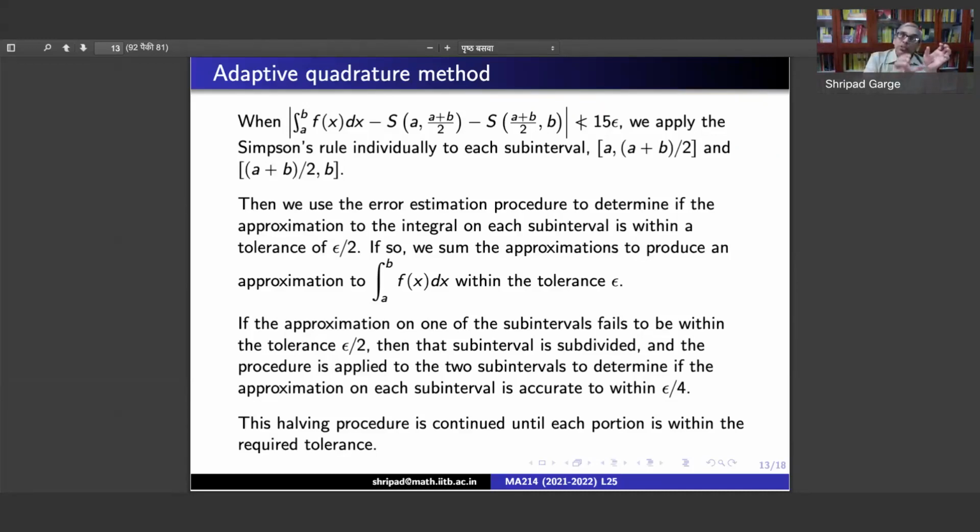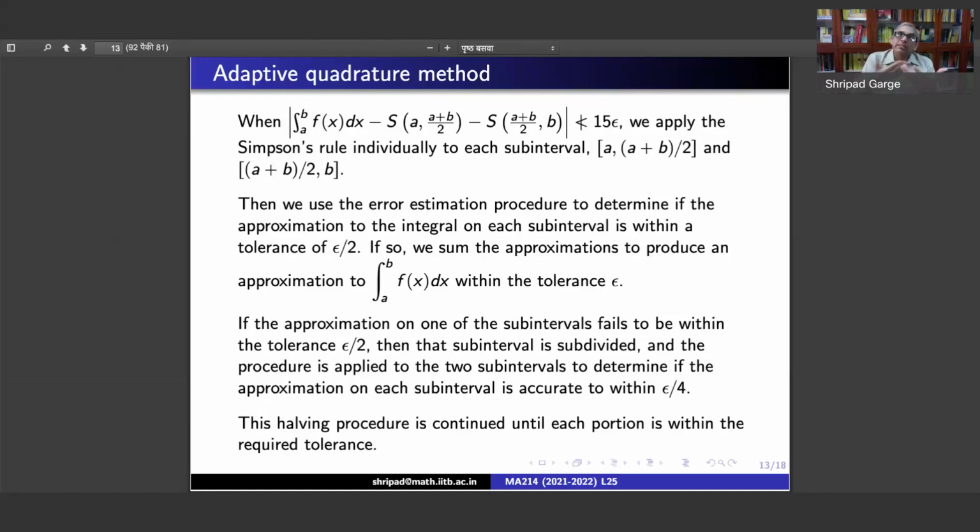Then you apply the composite Simpson's rule to each of the subintervals, and there check whether that gives you the tolerance to be less than epsilon by 2 on each of them. If it gives you that on one of them, you are okay with that. You work with the remaining one where it may not be less than epsilon by 2.